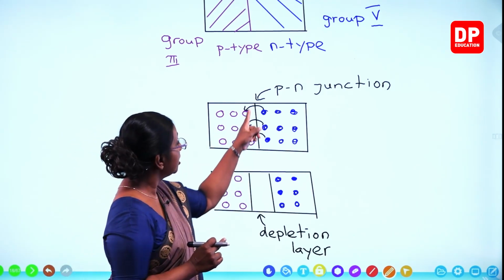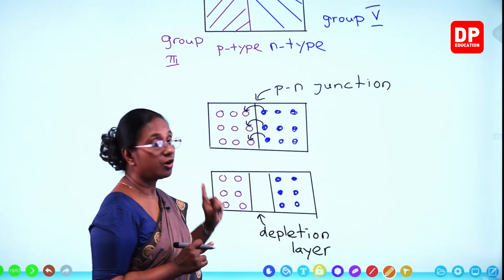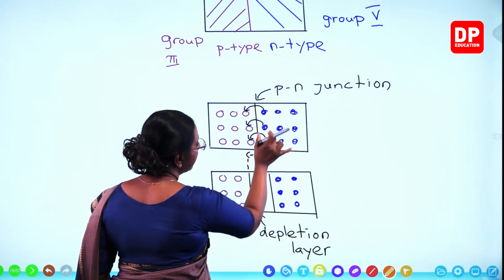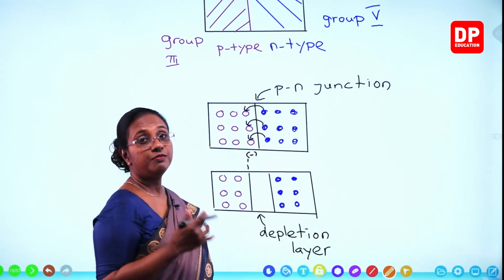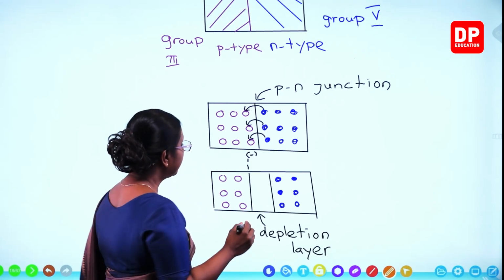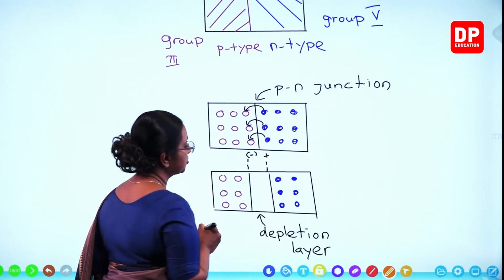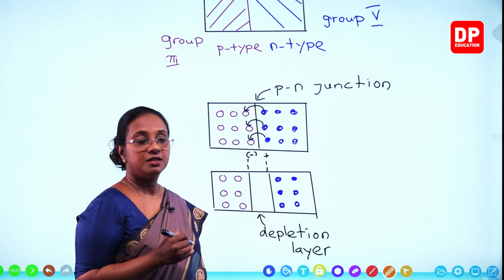Now there is too much of electrons on this side. So, negative charge forms. Why? The electrons have moved here. And when the electrons went from here to here, there is a space created, no vacancy for electron. Because of that, this side becomes like a positive charge.